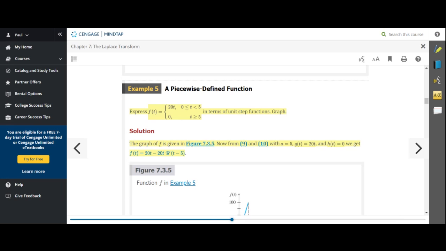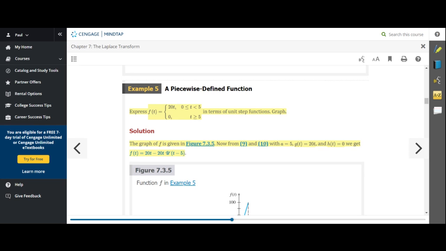So we want the unit step function to equal 0 when t is between 0 and 5. And the unit step function at t minus 5 will equal 0 when t is between 0 and 5. So that gets you f of t equals 20t. But when t is greater than or equal to 5, the unit step function will equal 1. And so when t is greater than or equal to 5, f of t will actually equal 20t minus 20t times 1, which is 0.